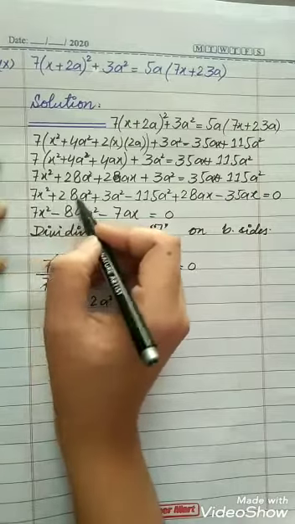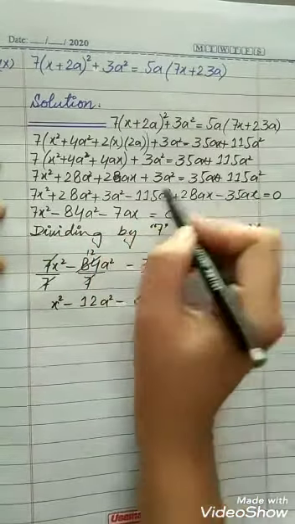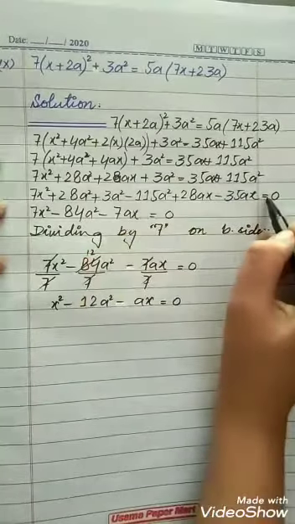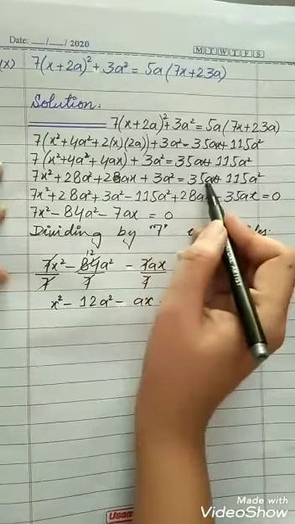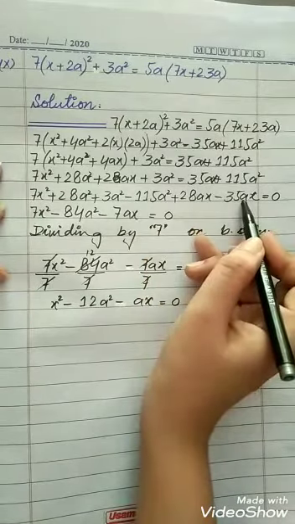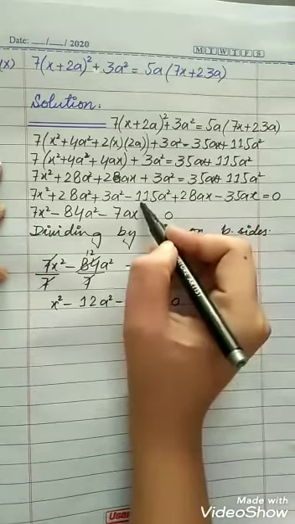7x square plus 28a square plus 3a square. Students, now what to do? We have to take all values on one side and equal to 0. So 115a square is also taken here, 35ax is taken here because it was positive on this side, it becomes negative here.